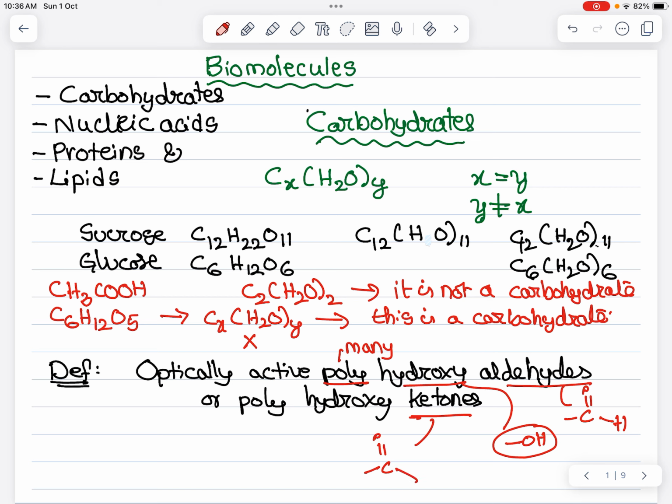So the carbohydrate is optically active and contains many OH groups, and either an aldehyde group or a ketone group. So we have to remember the definition. Optically active polyhydroxy aldehydes or ketones are known as carbohydrates.